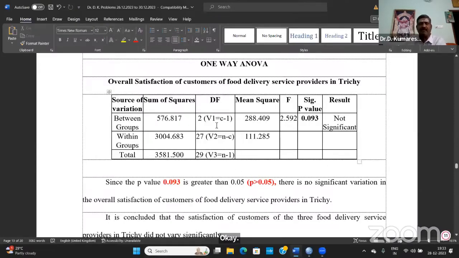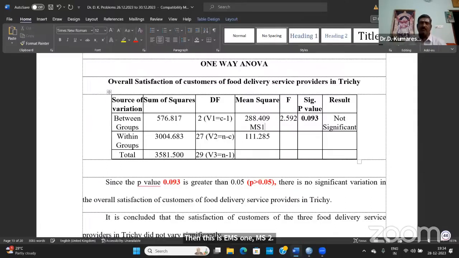Look at here. So V1 equal to C minus 1, number of columns minus 1. V2 is equal to number of items minus number of columns. V3 equal to number of items minus 1. Okay. This one is SS1, SS2. V1, V2. Then this is MS1, MS2.